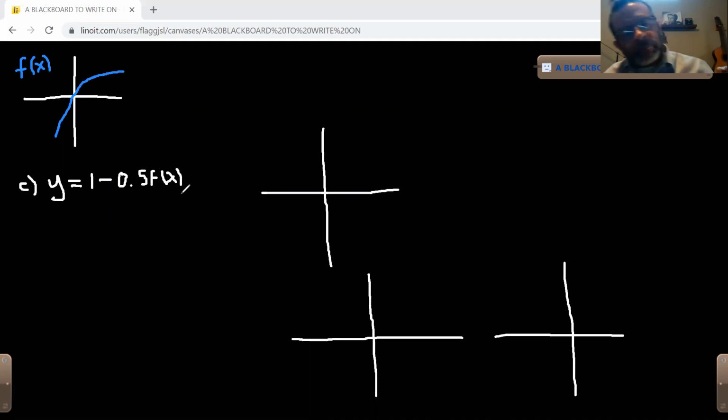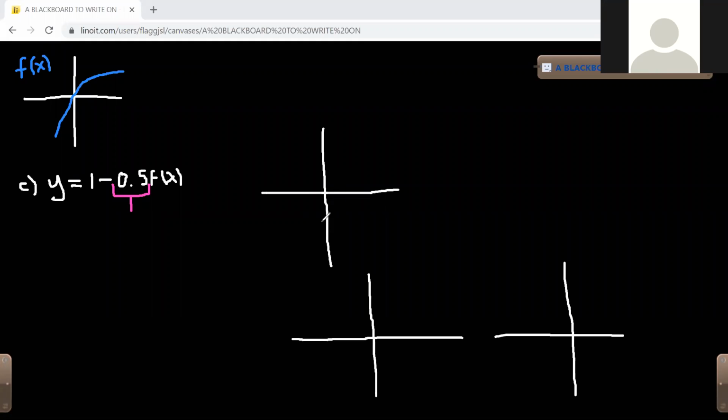Now, what is the first thing we notice with this one? Well, we've got a 0.5 here. So this 0.5, what is the 0.5 going to generate in the function? A compression. Compression, correct, perfect. Thank you, Andrea. It's going to generate a compression of 0.5. This is a compression.